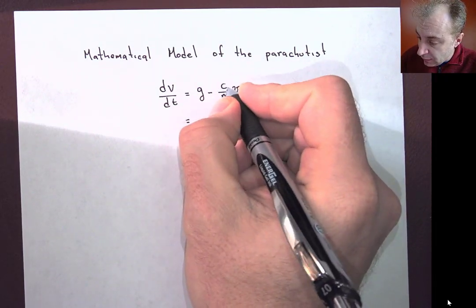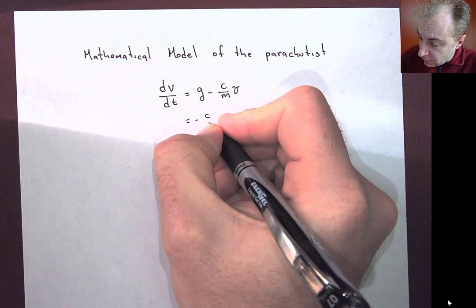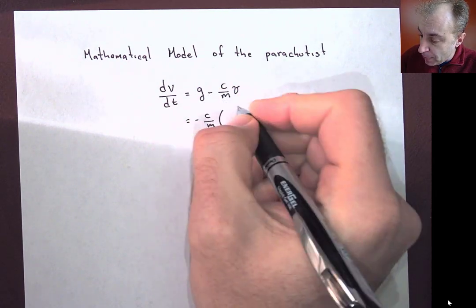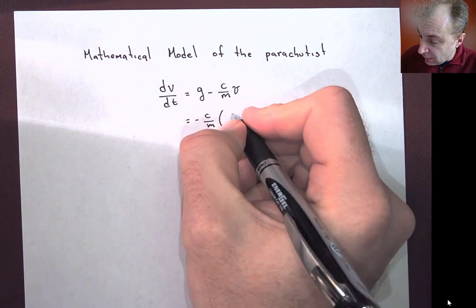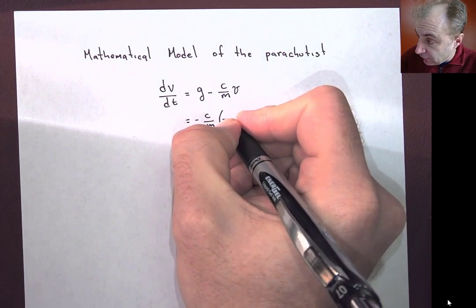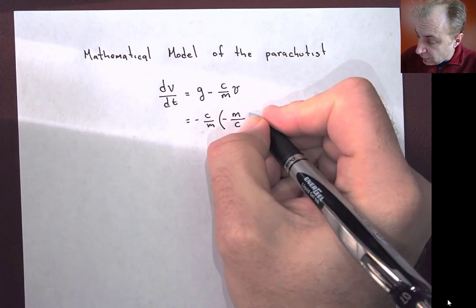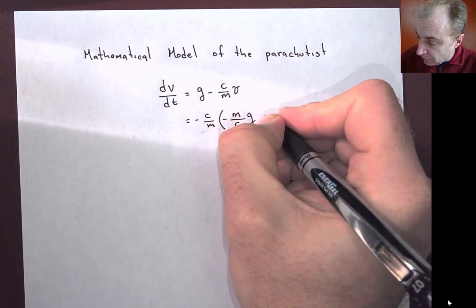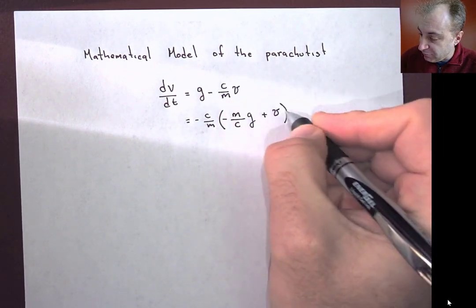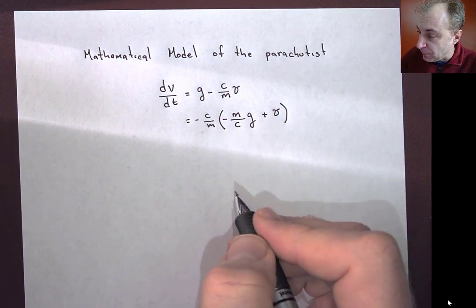So I'm going to factorize, we're going to multiply and divide by m and c, and it has to be negative. So minus m over c times g plus v. So it's basically the same as what we have above, but now we're isolating the velocity, and it's positive.